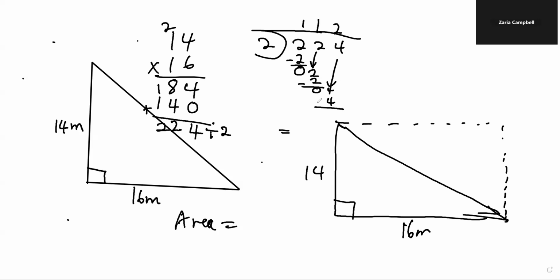So 4 from 4 is 0. So the area of the right angle triangle would be 112 meters squared.